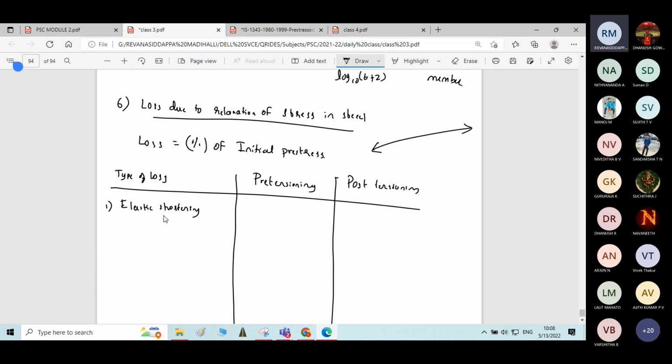This was clearly explained while discussing elastic shortening. This will definitely take place in a pre-tension concrete member. In a post-tension concrete member, it will not take place if the cables are stretched simultaneously.